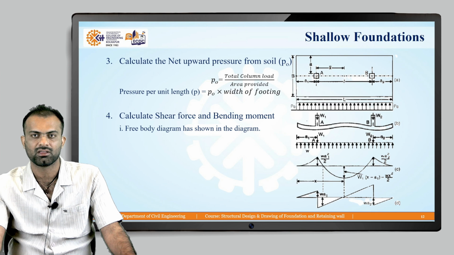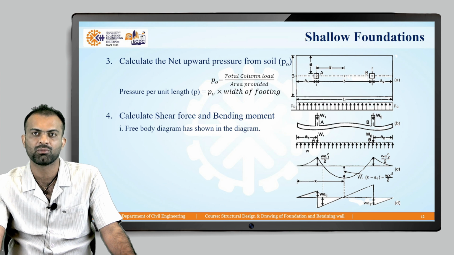So this is the bending moment profile, and this is the shear force diagram. Here this is the sagging moment, WA square by 2, and here, sorry, this one is the hogging moment, WA square by 2. This is the hogging moment at the midspan of the foundation. Hogging moment means we are going to calculate the Ast and place that Ast at the top layer of the foundation.